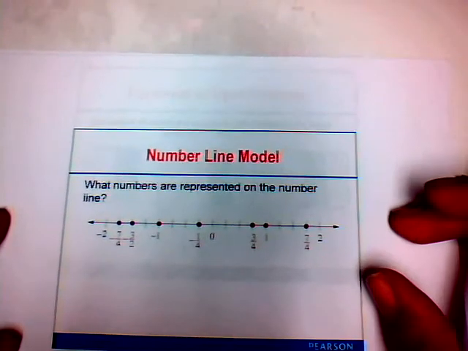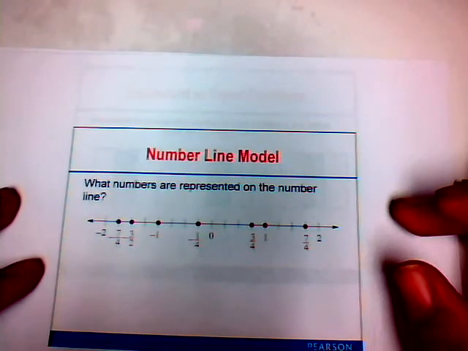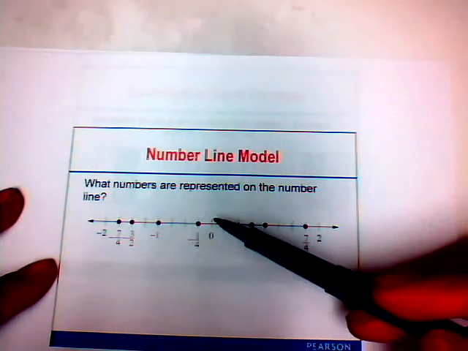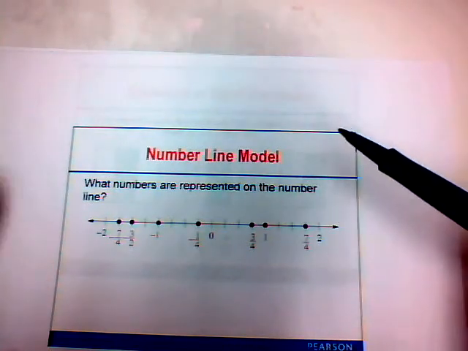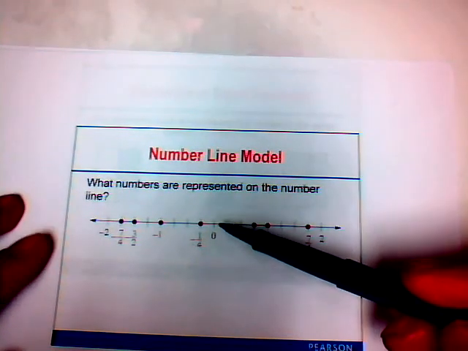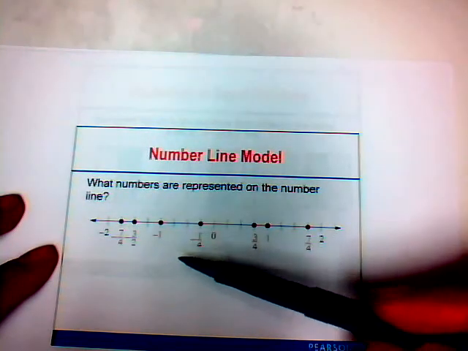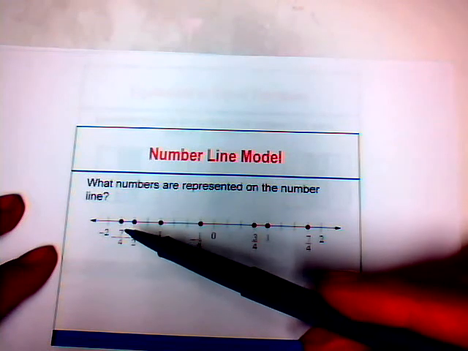Let's look at the number line model. In this case, what numbers are represented on the number line? Here you're first given dots and you want to find out what numbers are represented on this number line. If you look at it, from 0 to -2, this is sectioned off into fourths.